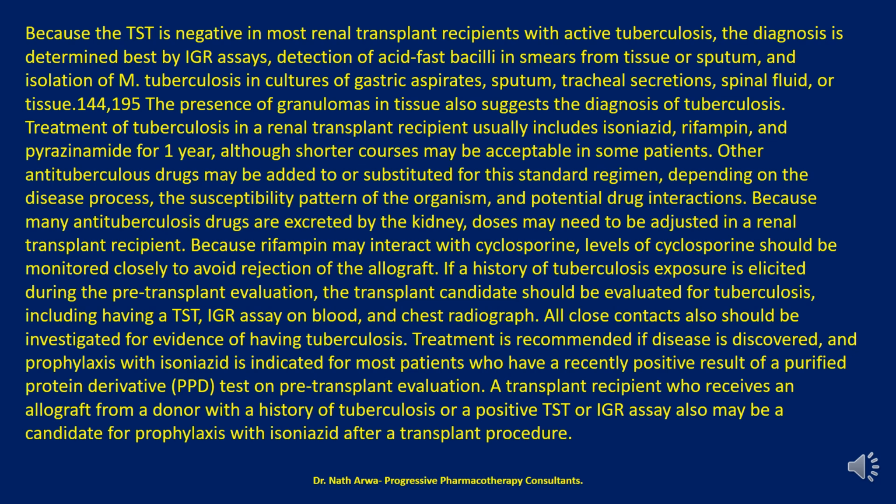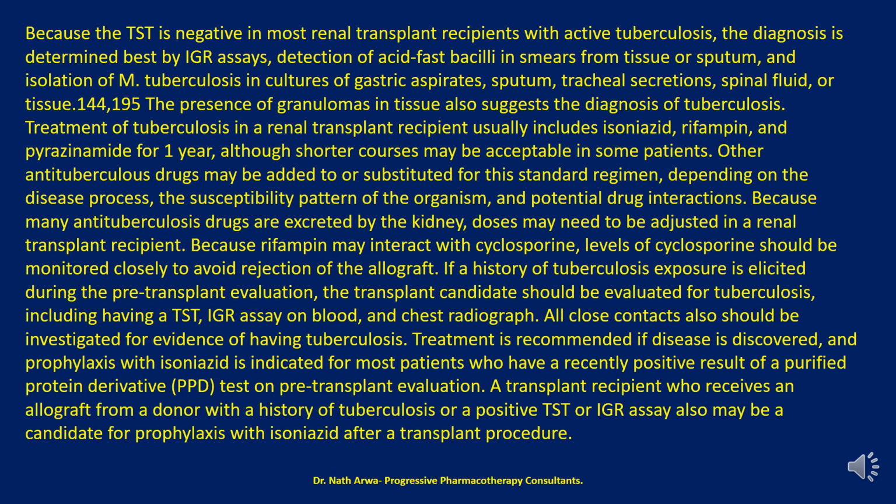Treatment of tuberculosis in a renal transplant recipient usually includes isoniazid, rifampin, and pyrazinamide for 1 year, although shorter courses may be acceptable in some patients. Other anti-tuberculous drugs may be added to or substituted for this standard regimen, depending on the disease process, the susceptibility pattern of the organism, and potential drug interactions.